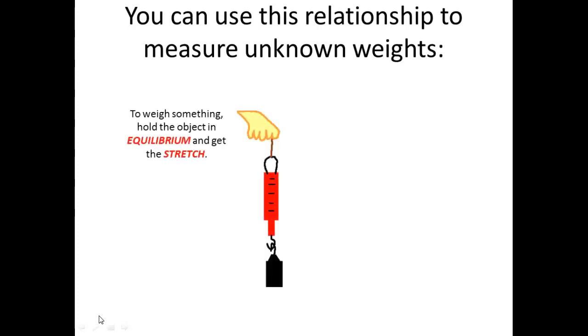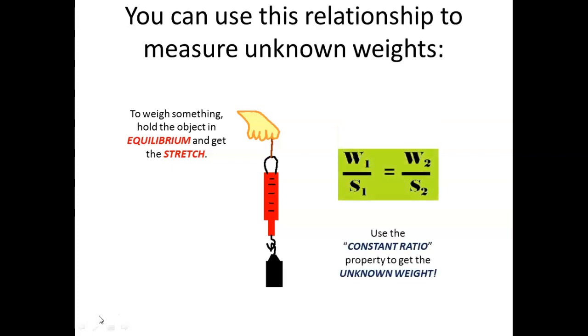If I have an object hanging from a spring, I can make a scale that indicates how much the stretch has become, and if I use experimental data to relate that stretch back to the weights, I have a way of getting at the weight of unknown objects.